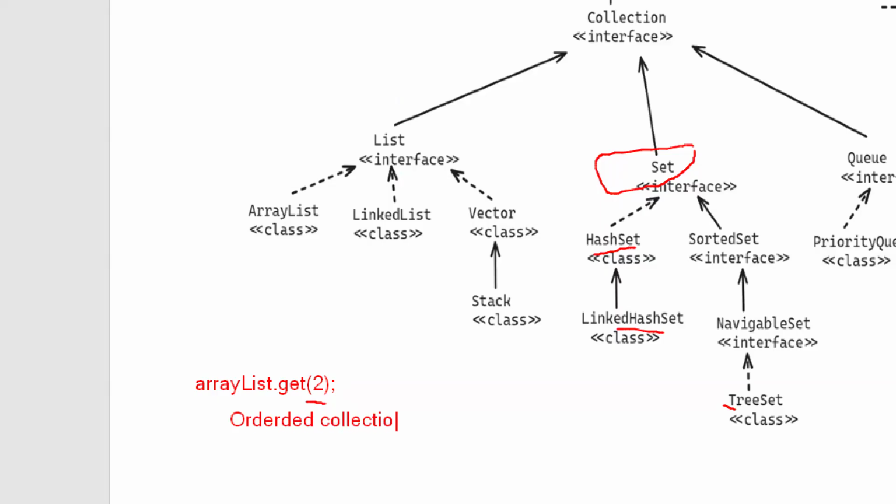Ordered collection means elements have indexes. But set is an unordered collection, which means they don't have index. What does it mean? Ordered collection means index is available for elements. But unordered collection means the elements do not have any index.